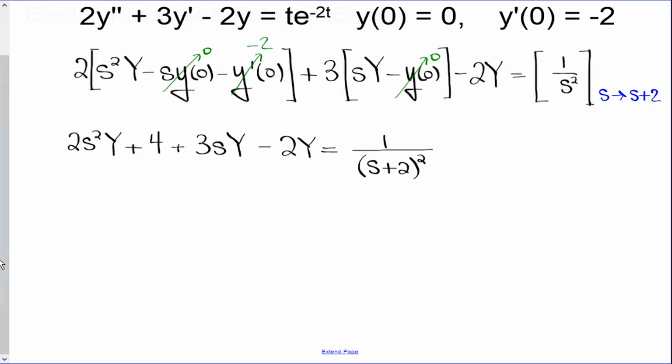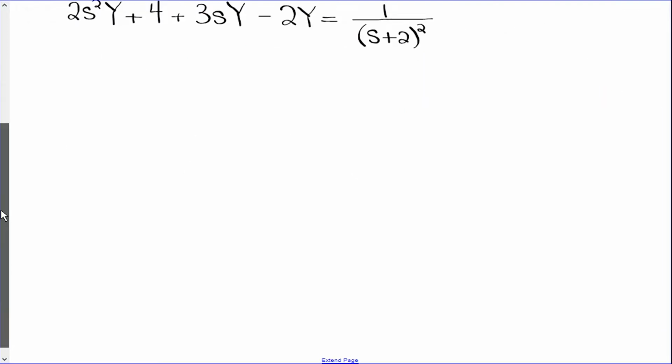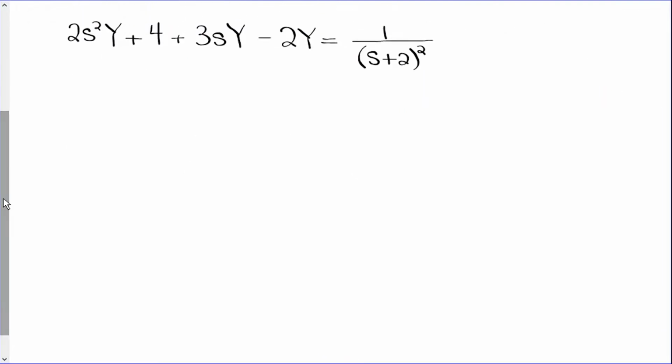If I take the 4 to the right-hand side and I factor out capital Y, here's what I get. So capital Y factored out will give me 2s squared plus 3s minus 2. And the 4 will go to the right-hand side.